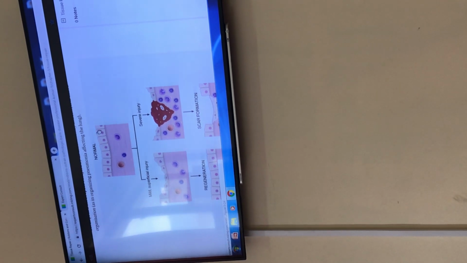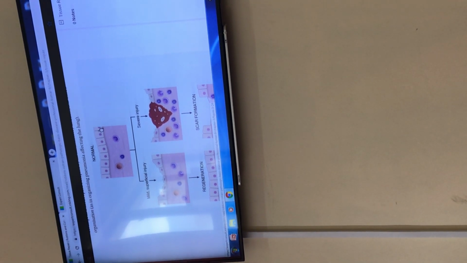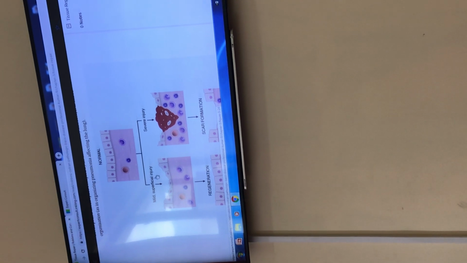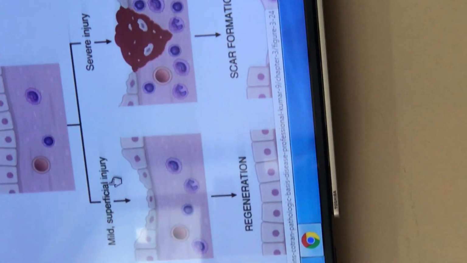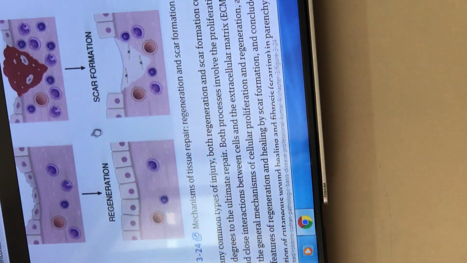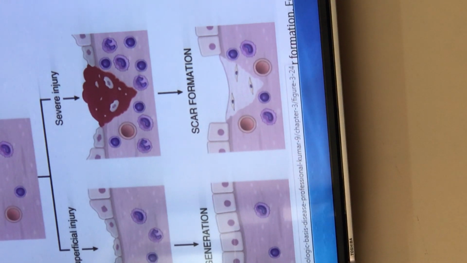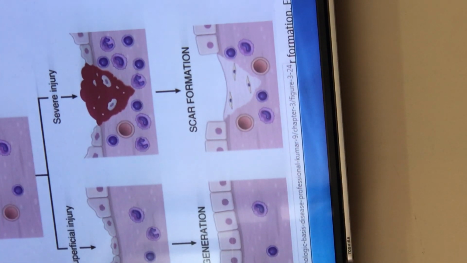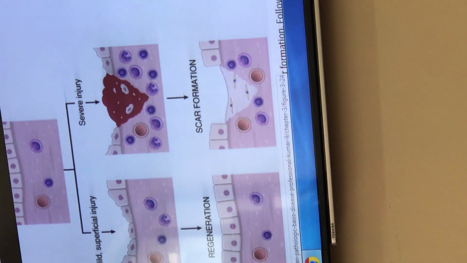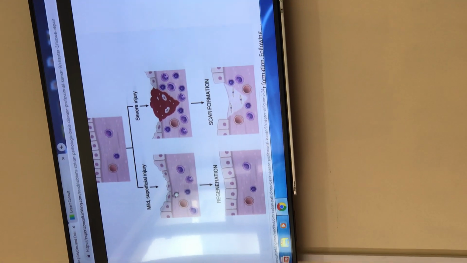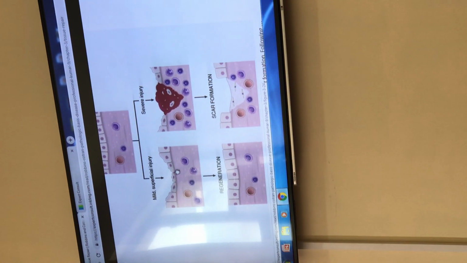So imagine this is normal tissue, for example skin, there is mild superficial injury here, and then it can regenerate completely with no scar formation. But here, the injury is severe, is deep. There is a layer, for example for skin, between the epidermis and dermis that is called basal layer.